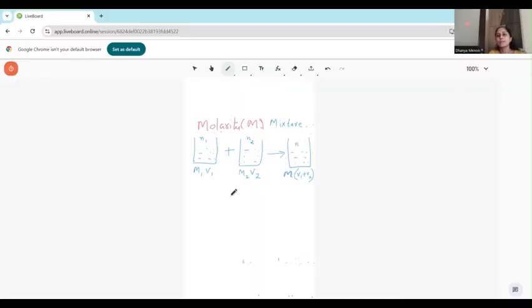How to find the molarity of the mixture? N1 plus N2 will be the total number of moles of the mixture, right? N1 is nothing but MV, in this case M1V1, plus M2V2. In the third case, it is M times V1 plus V2. So this is our molarity of the mixture. This capital M is the molarity of the mixture.